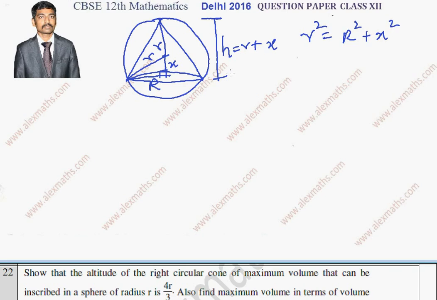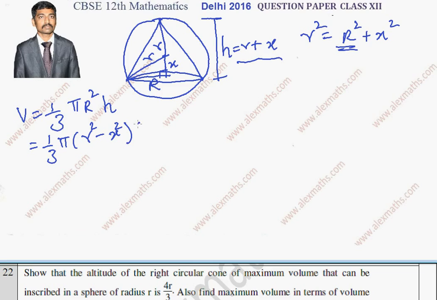Now from the question, it's a maximum volume. So volume of the cone is 1 by 3 pi R square h. I am using capital R because we named it capital R for the cone. Here 1 by 3 pi capital R square from here is r square minus x square, then h is r plus x.